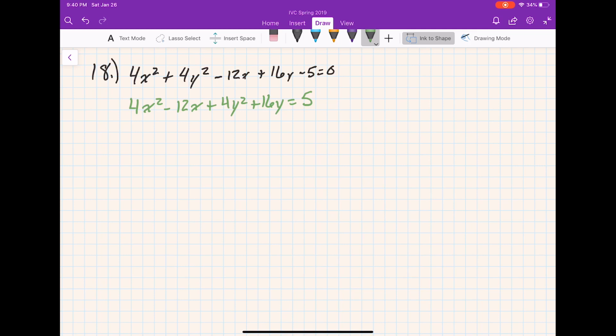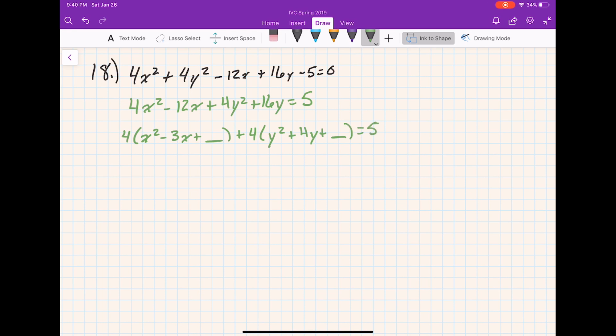Because we have to factor out, I'm going to factor out the 4 here, and then do the minus 3x plus, and I'll leave that space there. And then we'll do this side, factor out that 4: y squared plus 4y plus, leave that little space right there, close that parenthesis, equals 5.